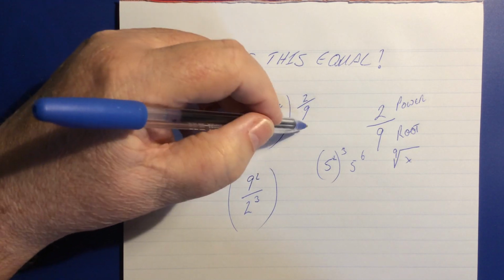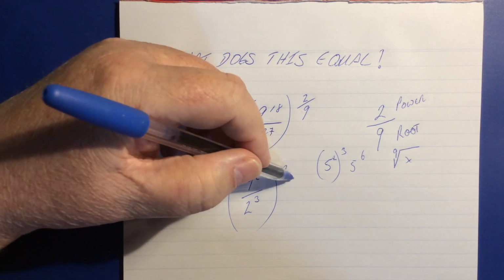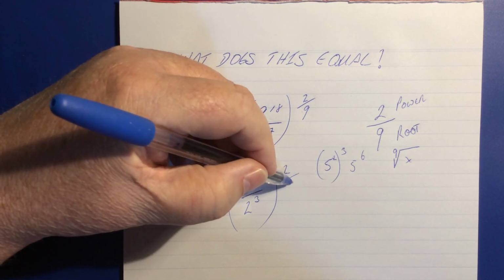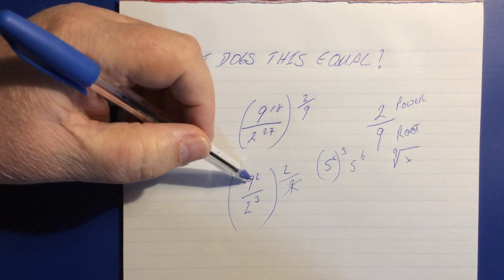Now, we still have the 2 out here. The 9 is gone. We'll just put a line through that so that you can see what's going on. The 9 is gone.